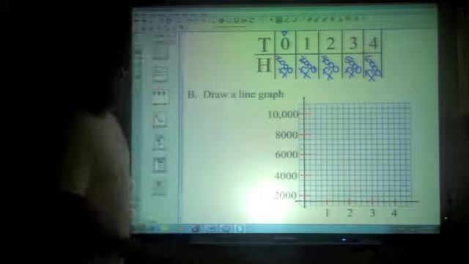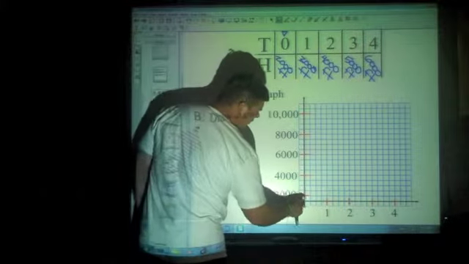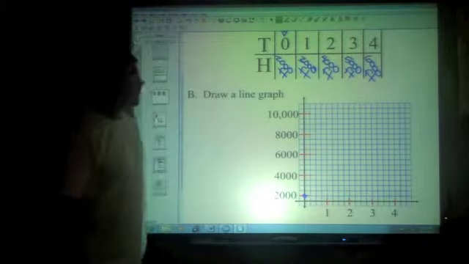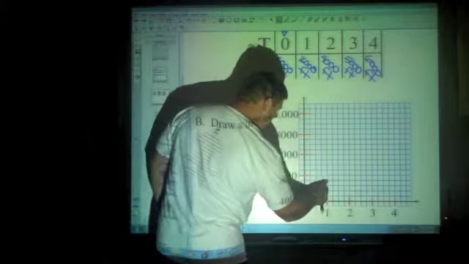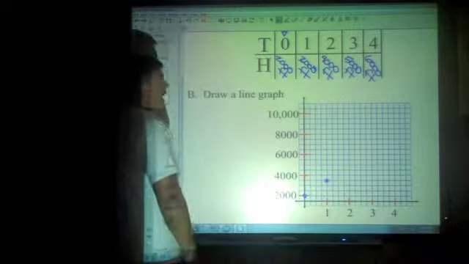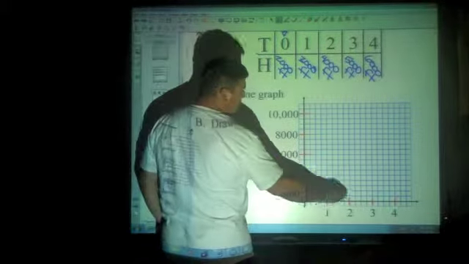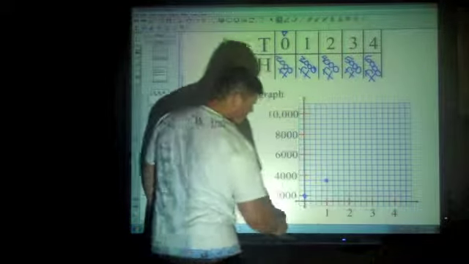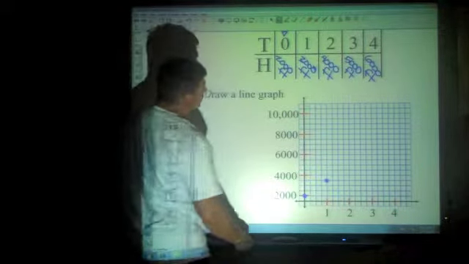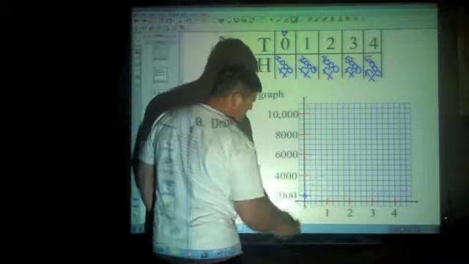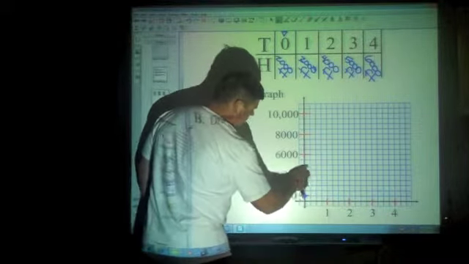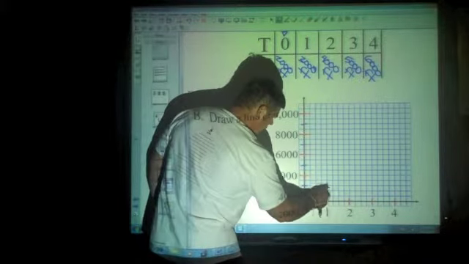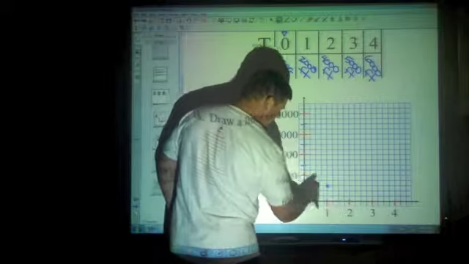At 0 time, we're at 2,000 feet. Because that's what it began at. 1 minute later, we're at 3,000. At 2 minutes, we're up to 4,000 feet. I don't have that one at 3,000. 3,000 is halfway between. Okay, so at 1 minute it's here. At 2 minutes it's at 4,000.